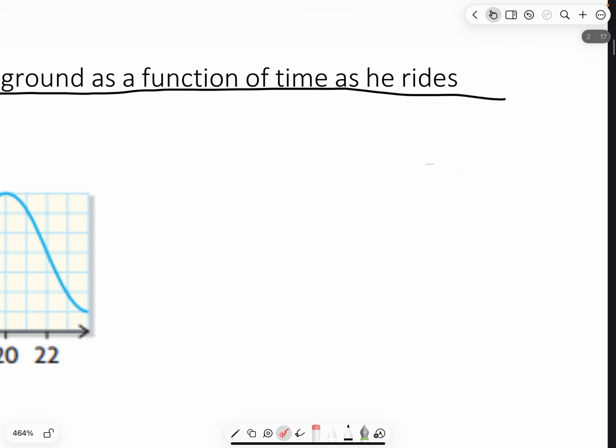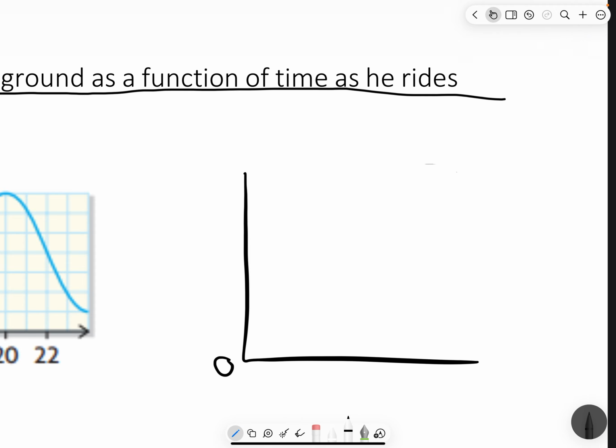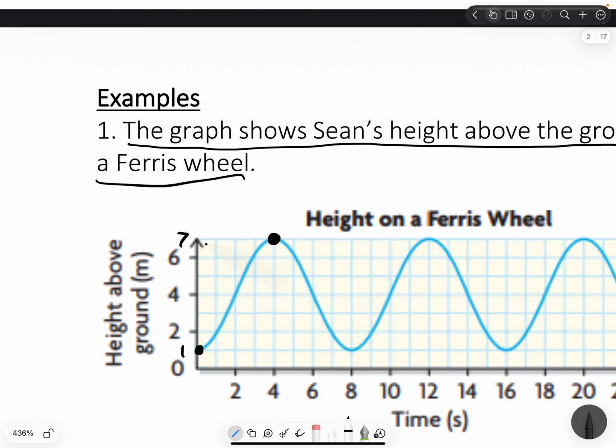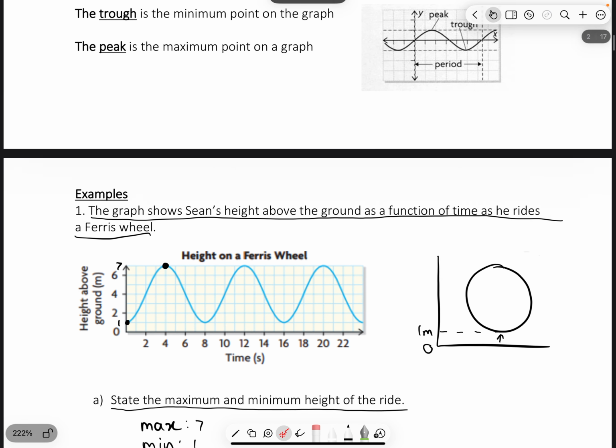Therefore, let's say this is our ground, right? Our Ferris wheel is actually lifted 1 meter above the ground. Now we can see that over here, the maximum height we can reach is 7 meters.